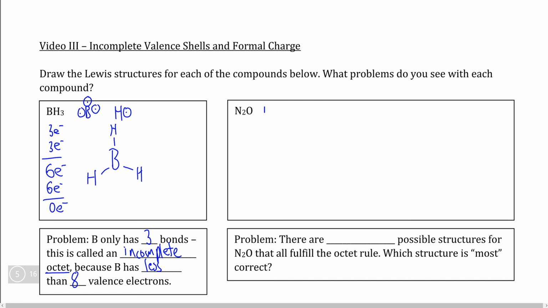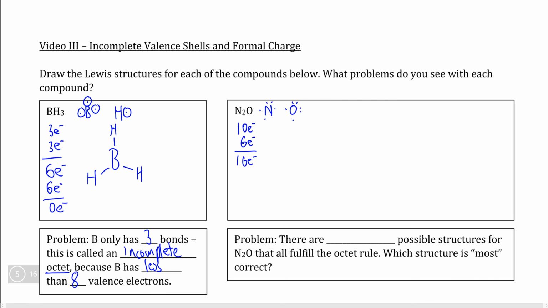Let's start the same way. We know that nitrogen has 5 valence electrons and oxygen has 6. So if we count the total number of valence electrons, 5 times 2 is 10 from the nitrogen, and oxygen is 6 for a total of 16 valence electrons.